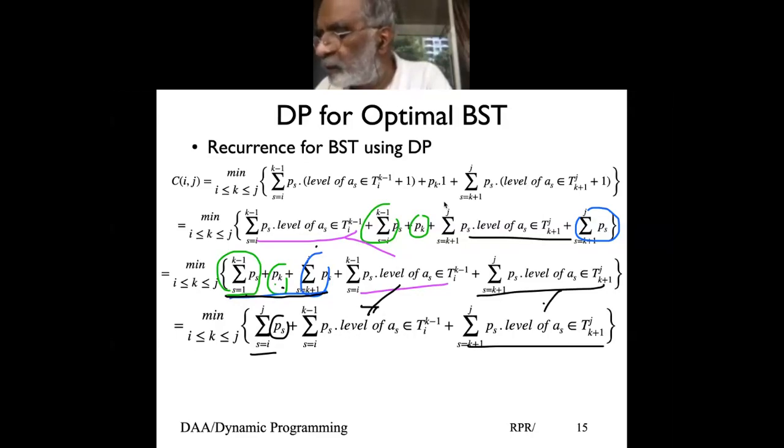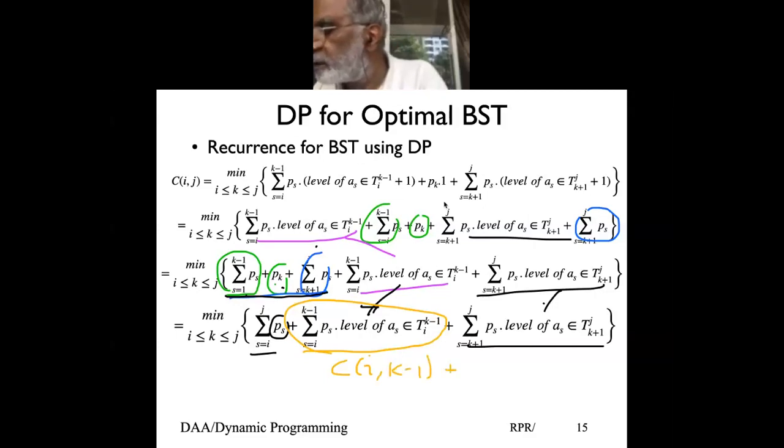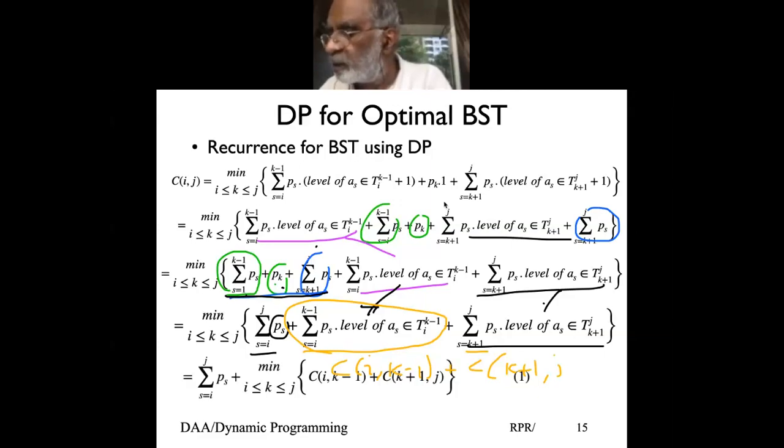Now what is this? This is the optimal search tree on the left subtree. That means this cost is Ci k minus 1, and this one, starting from k plus 1 to j, is the optimal subtree. So this cost is C k plus 1 j.